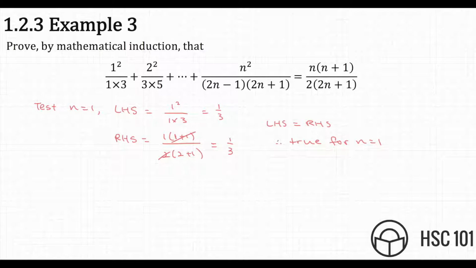Now the next thing that we're going to do here is assume that the proposition is true for n is equal to k. So assume true for n is equal to k.